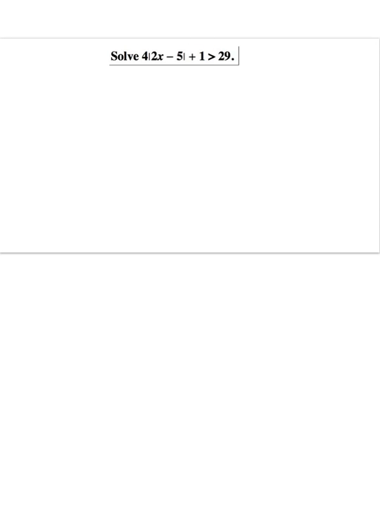So if I'm thinking of inverse, the first thing that I'm going to move is that 1. So I'm going to start off by adding a negative 1. So my new inequality is 4 times the absolute value of 2x minus 5 is greater than 28.